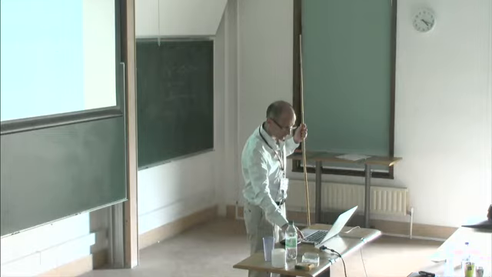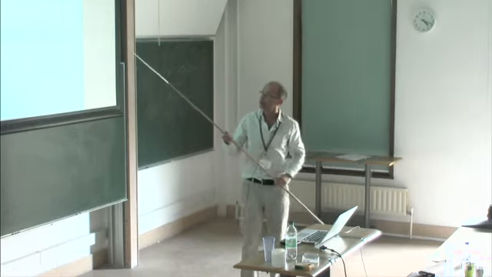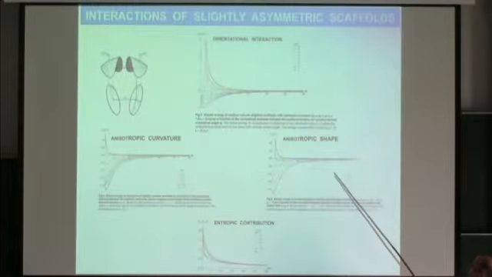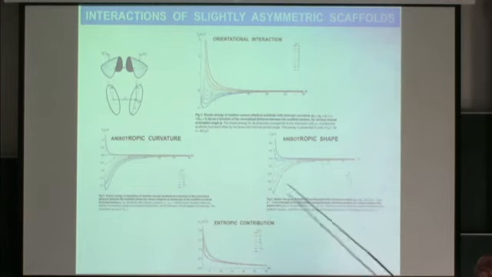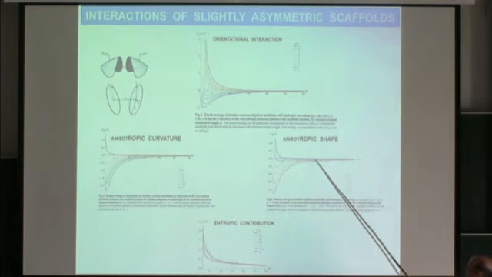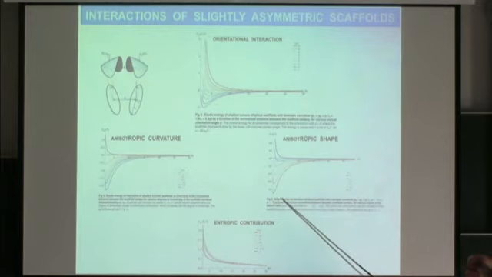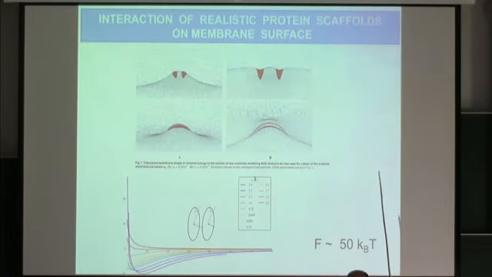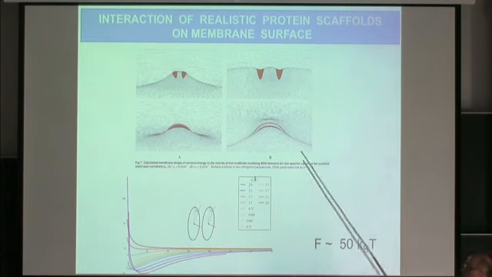So we did these calculations, and we found that asymmetric particles attract each other at long distances, and the repulsion comes into play usually at short distances, so that one always has an energy well. And for realistic proteins such as BAR domains, we did it for BAR domains, this well is about 50 kT.